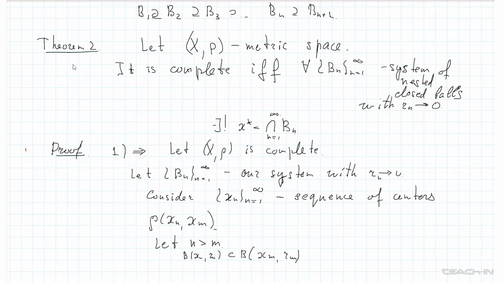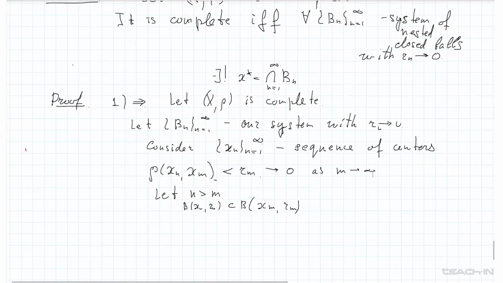It is the center of radius. In general situation, we can take the maximum between two. And of course, it tends to the 0 by our property, rm as m tends to the infinity. So the sequence of centers is fundamental.